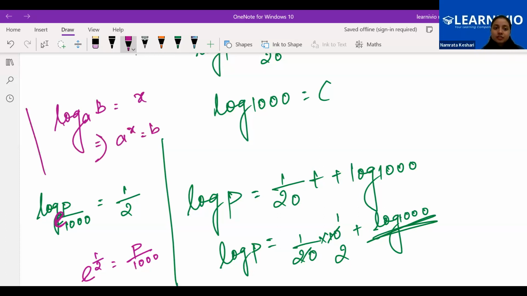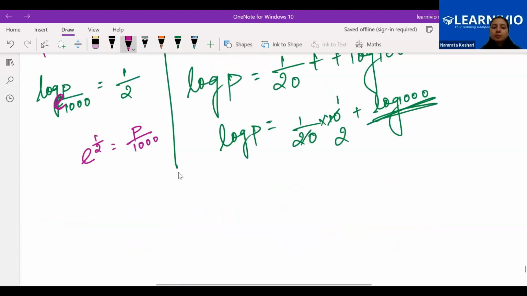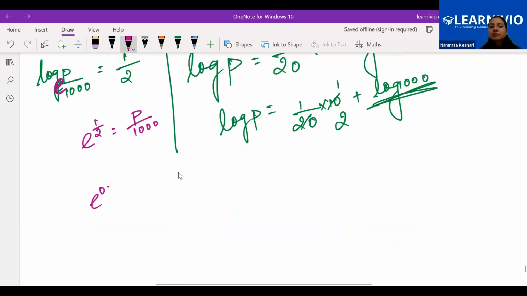We have applied this rule over here. E to the power 1 by 2 means e to the power 0.5. Yes or no? Yes, ma'am. Directly we will be able to put the value over here. So P is equal to e raised to 0.5 into 1000. And e raised to the power 0.5 value we already have.